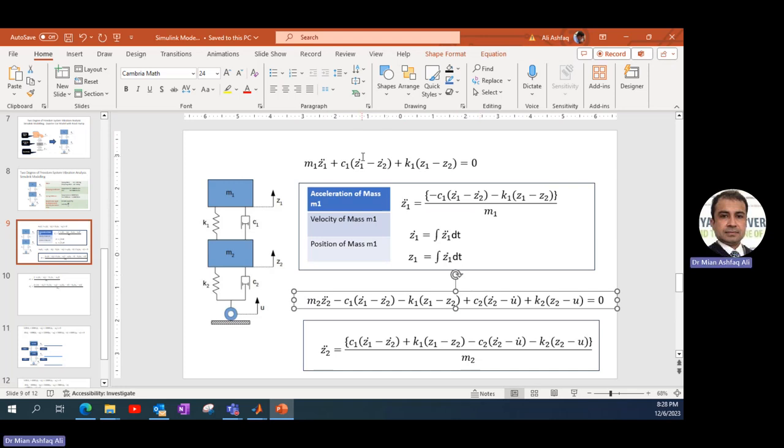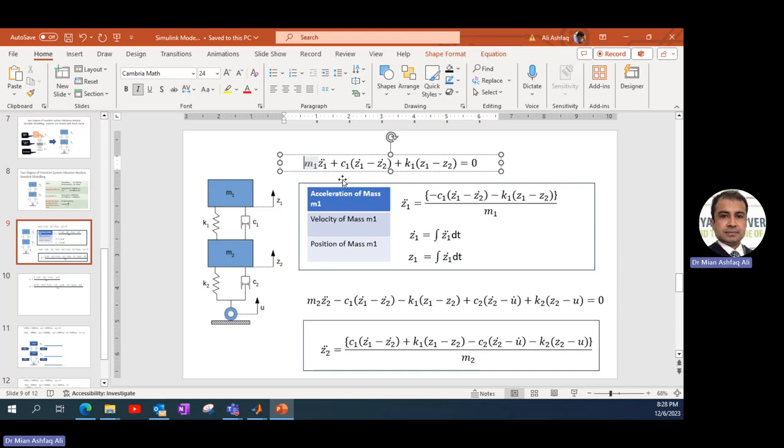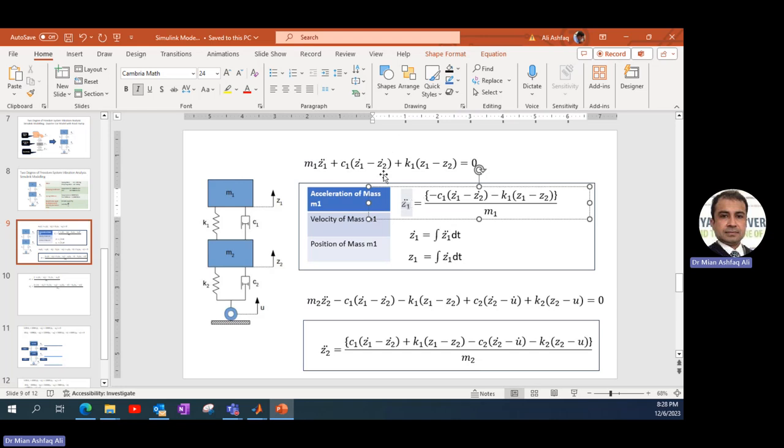In order to model these two equations, we have to manipulate them. From this equation, if we bring everything to the right except Z1 double dot, the same equation gives us this, which depends upon the force developed in the damper and the force developed in the spring divided by the mass.